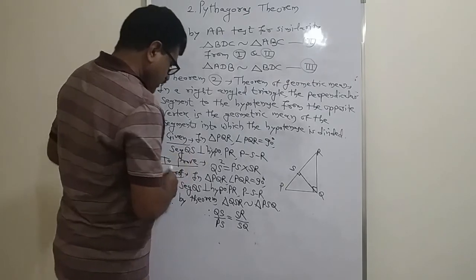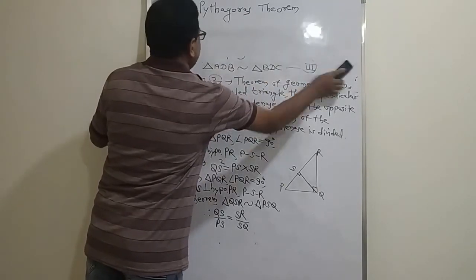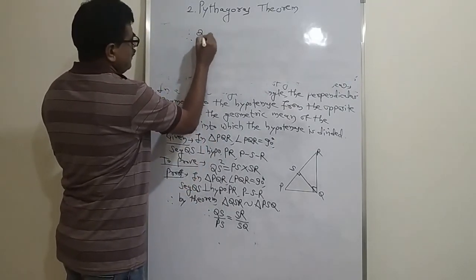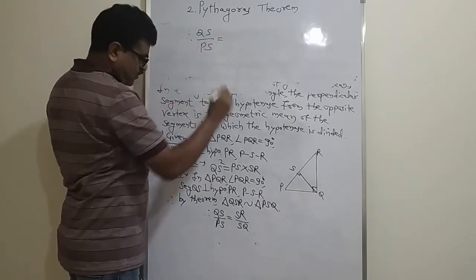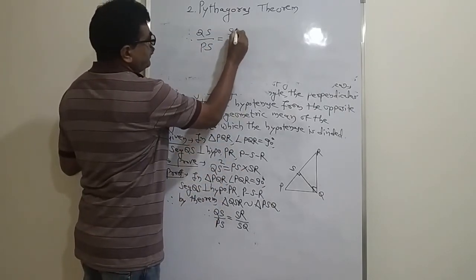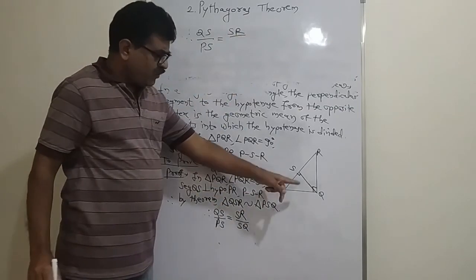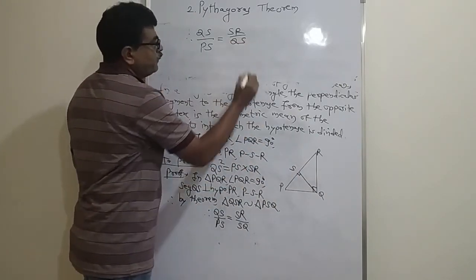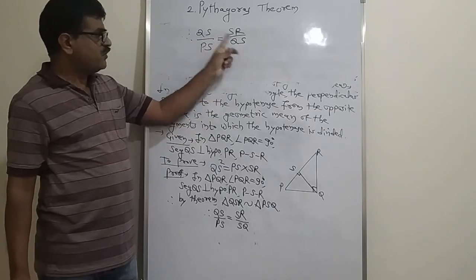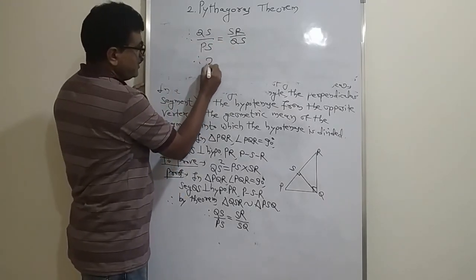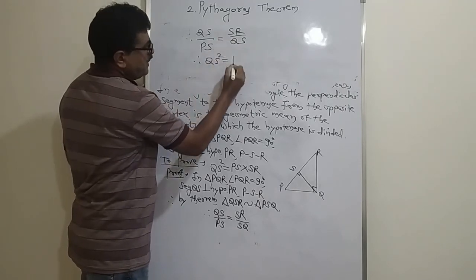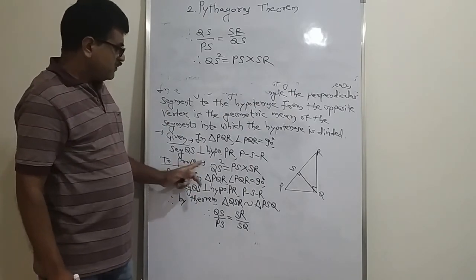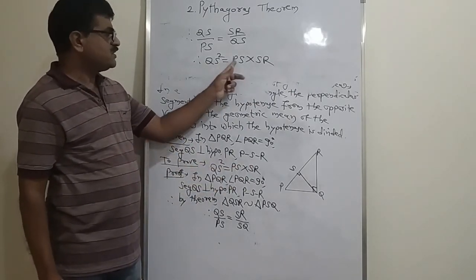That is, we can write this as QS upon PS is equal to SR upon SQ. SQ is also written as QS. Now we are taking cross multiplication, QS into QS. Therefore, QS square is equal to PS into SR.